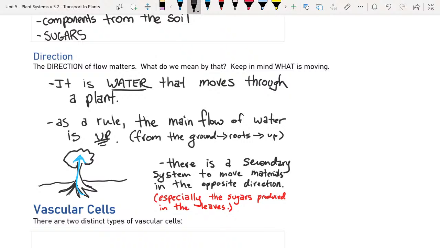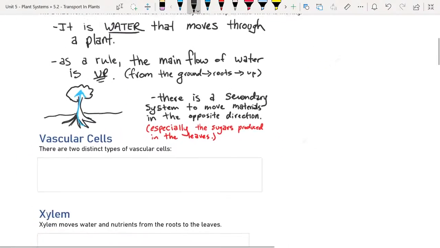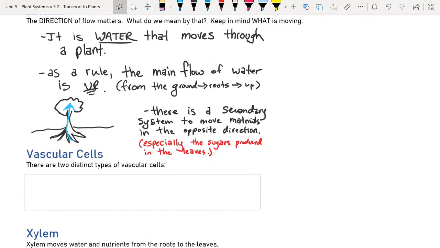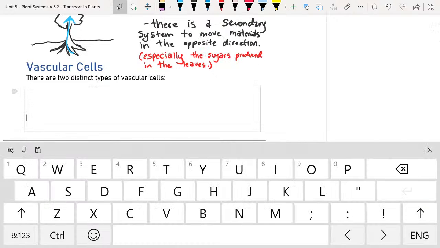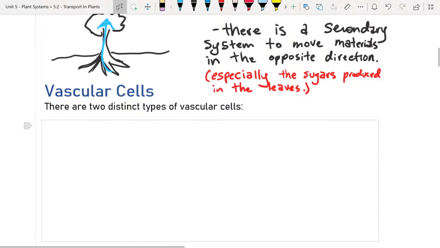So this is the challenge of a plant then. We need to know how to move materials up through the plant and to build a secondary system to move it down. And to do that, we have two basic types of vascular cells. All right.